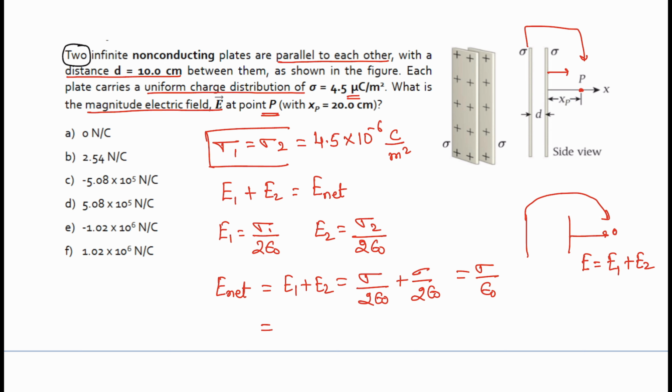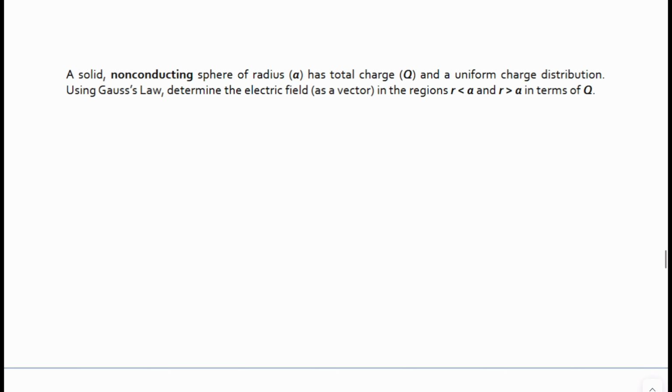Place the value: 4.5 times 10 raised to power negative 6 over epsilon naught, which is 8.85 times 10 raised to power negative 12. Once you solve this, you will get 5.08 times 10 raised to power 5 newton per coulomb. Clear? Fine. So the answer is D. Okay. Next case.